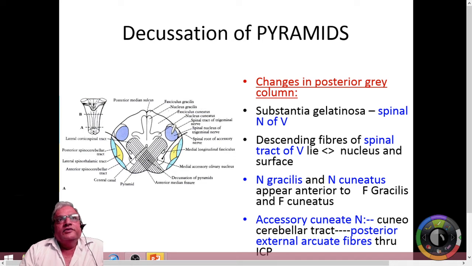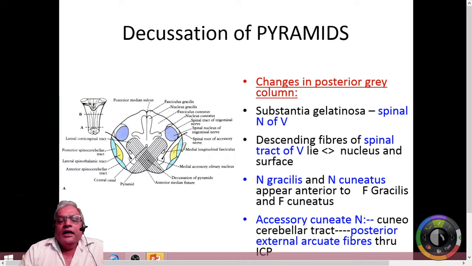So the same sensory modalities you have in the other parts of the body, pain, touch, temperature, are mediated here by the trigeminal nerve. So the posterior horn is replaced by the spinal nucleus of the trigeminal and the spinal tract of the trigeminal nerve. That is what you see here.